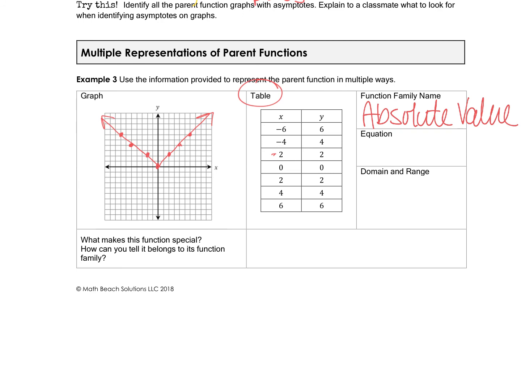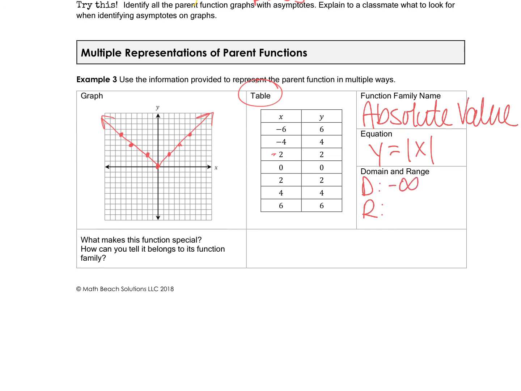The equation for the parent function is y equals the absolute value of x. And then we're finding the domain and the range. So it doesn't specify how to write the domain and the range, so I'm just going to use interval notation, but you're welcome to use whatever notation you like. So on domain, notice it's continuous to the left and right.